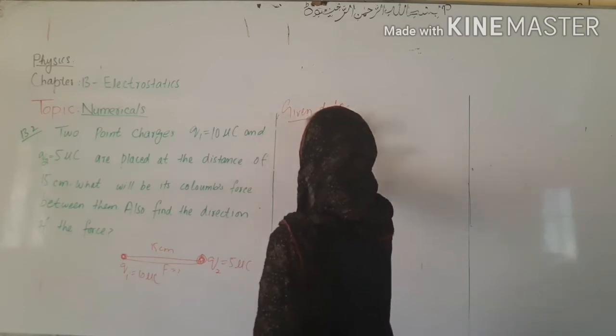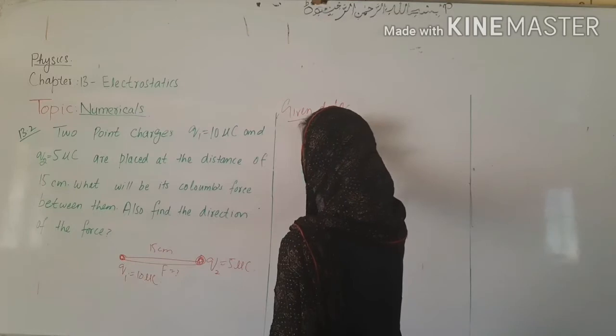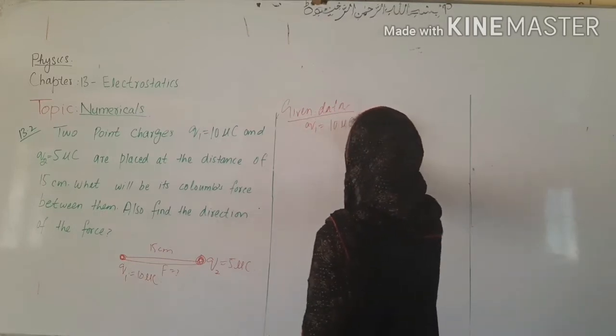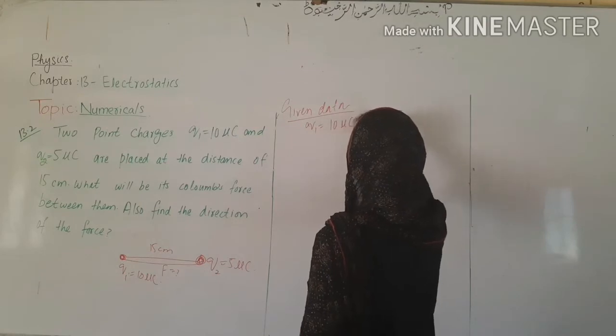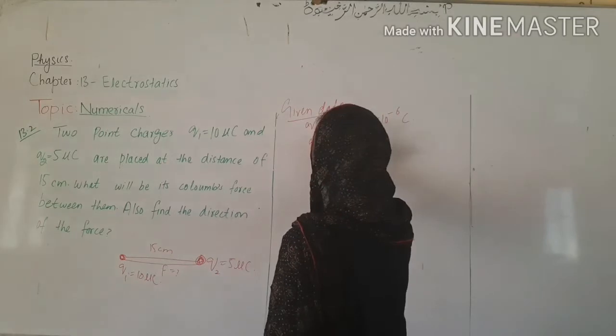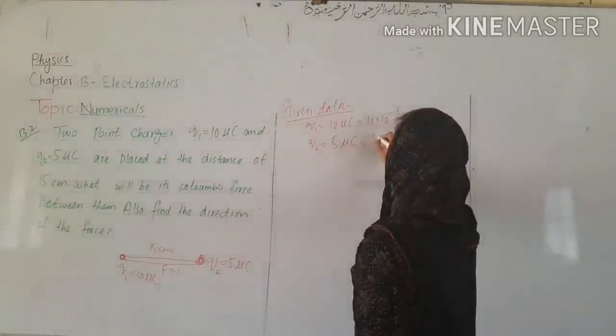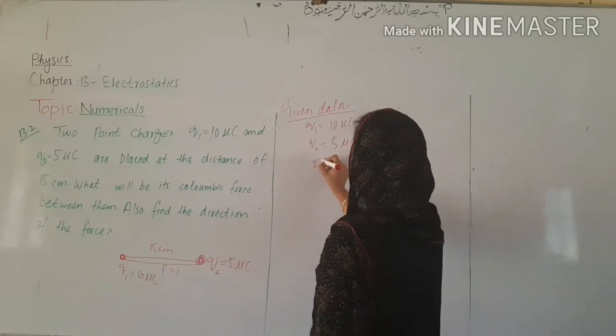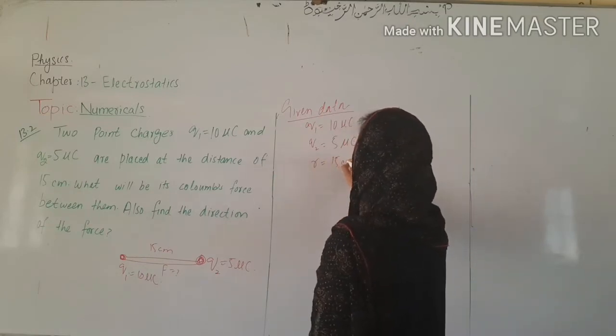The given data is Q1. Q1 is equal to 10 microcoulombs, that is 10 multiplied by 10 to the power minus 6 coulombs. Q2 is equal to 5 microcoulombs, that is 5 multiplied by 10 to the power minus 6 coulombs. And then the distance r is equal to 15 centimeters.